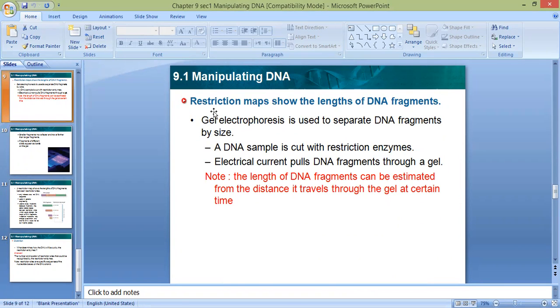The fragments with large size will travel less distance than the fragments with smaller size, because the smaller ones will be faster. They will travel more distance. Okay, this is for this section.